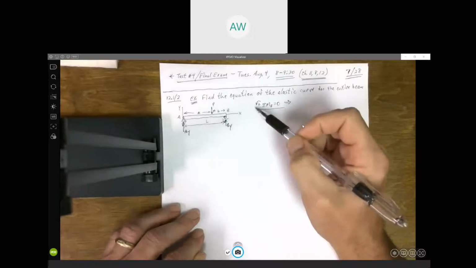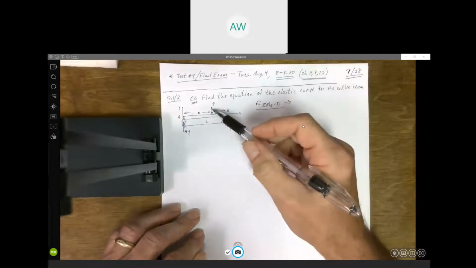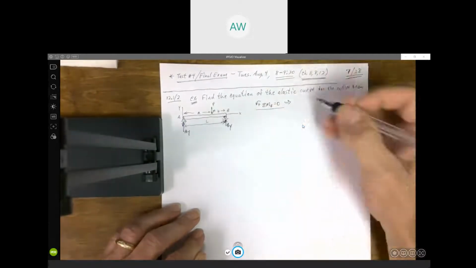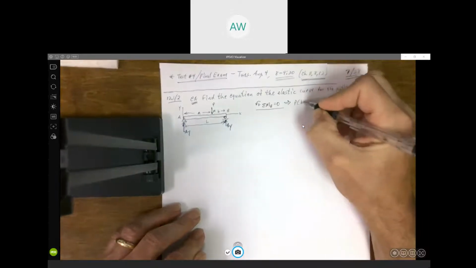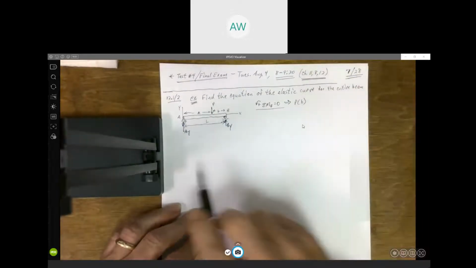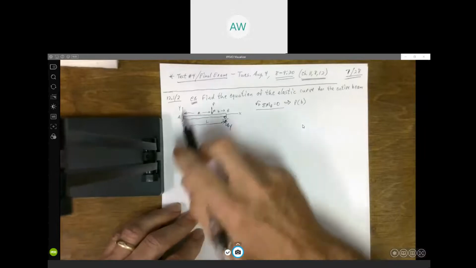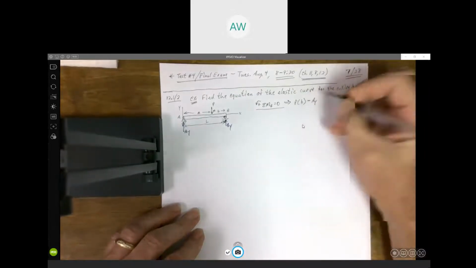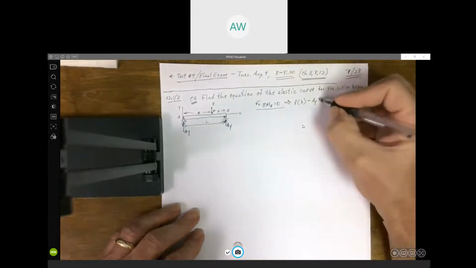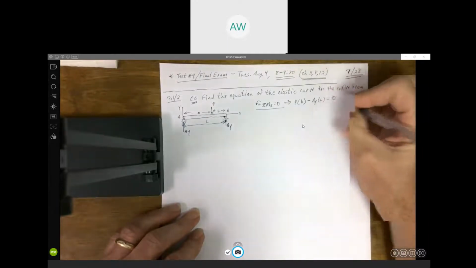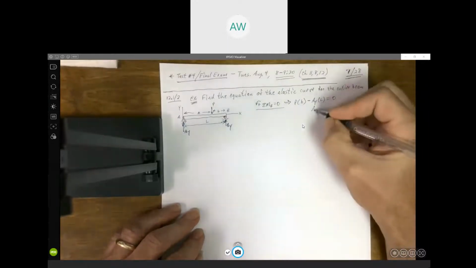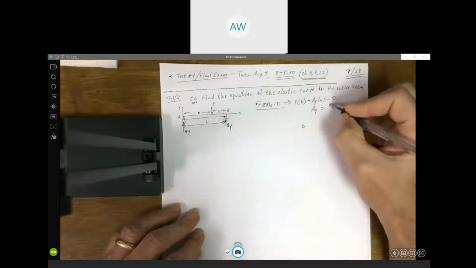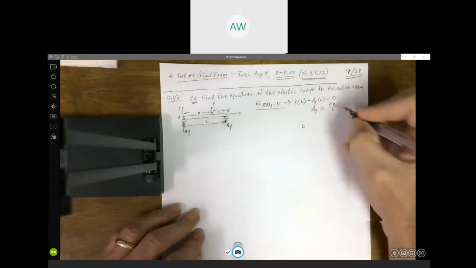If counterclockwise is positive, I have this force P times that distance b as a positive moment. AY acting up causes a clockwise moment, so that would be a negative moment, AY times L, and that's got to equal 0. If we solve for AY, I get Pb over L.